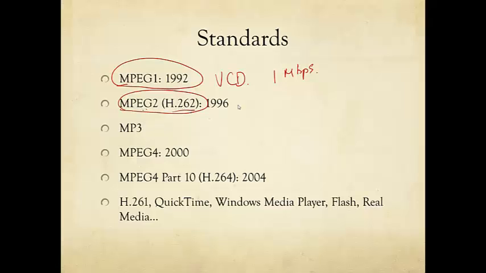So whatever name it is, it was done in 1996, and DVD, which in the last 10 plus years pretty much is the dominant medium for storing TVs and videos. And this uses now about 10 megabit per second, a much better quality than VCD. Okay. It's actually hard to find VCDs these days.